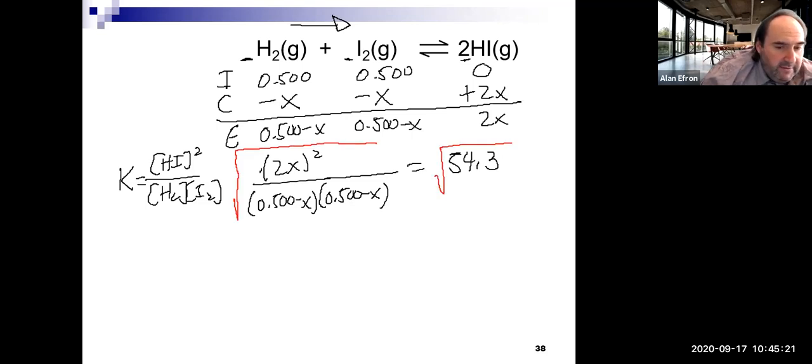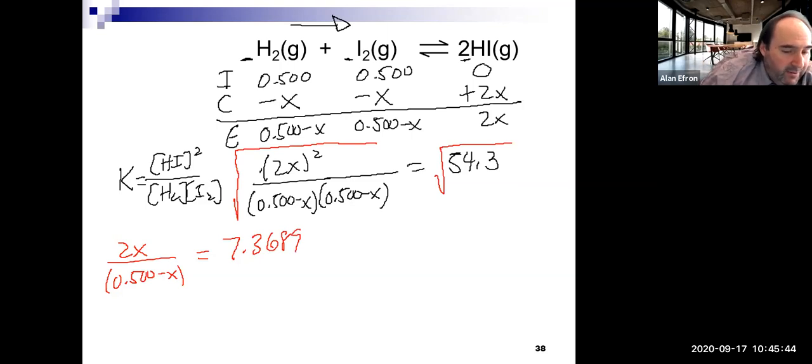If you take the square root of both sides, on the left we get 2x up on top and a 0.5 minus x there. And the thing I always forget to do is actually square root the other side. So the square root of 54.3 should give us something like 7.3689.